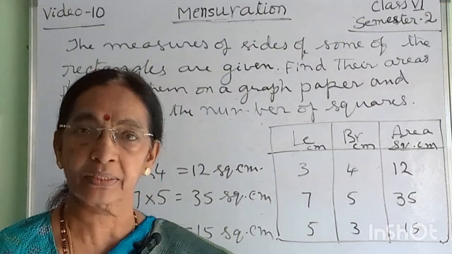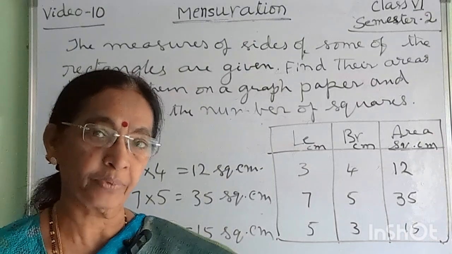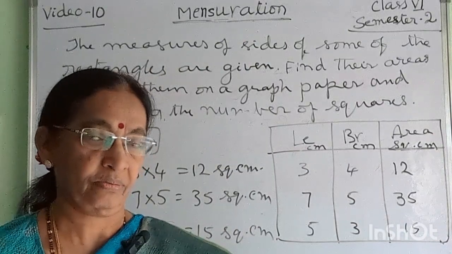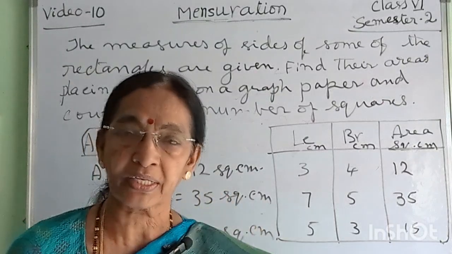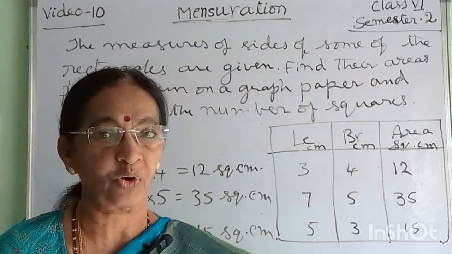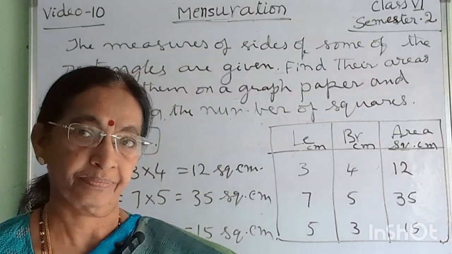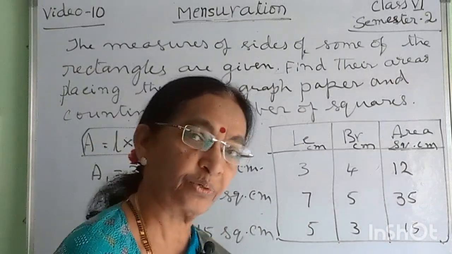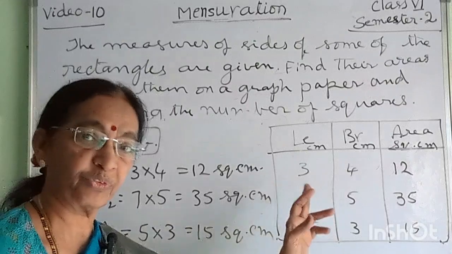Both the length and breadth must be in the same units, and the area will come in square units. Suppose length and breadth of a small rectangle are given in millimeters, the area will be the product of those two in square millimeters. Thus, the units must be the same for length and breadth. That we have to check.